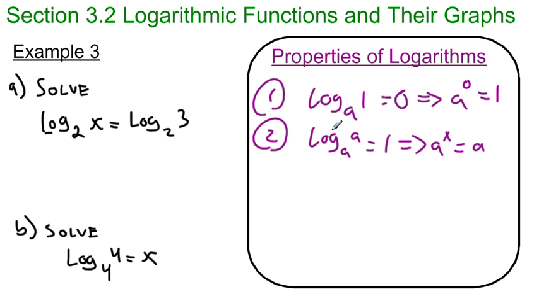So log base a of a is 1. If the base of your log and what you're taking the log of are the same, it's always going to be 1.